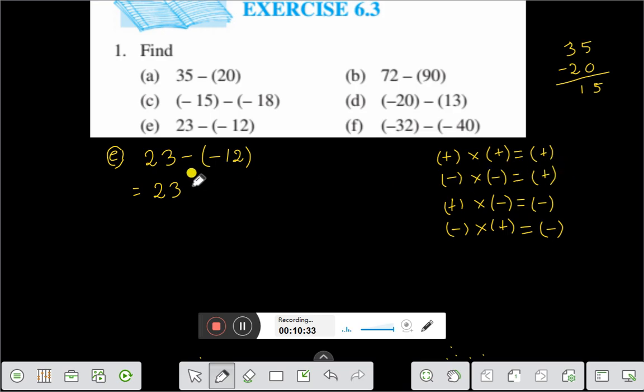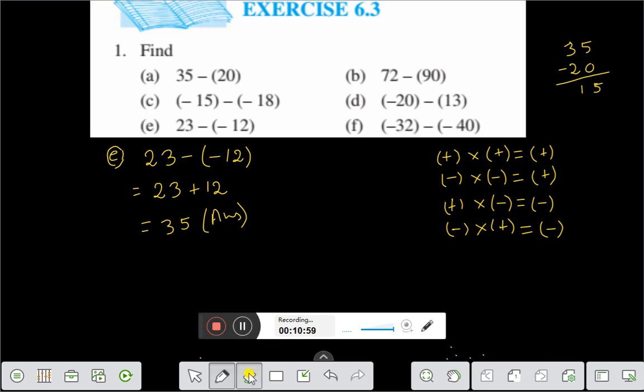Therefore, it is plus 12. We have to add this one. 3 plus 2 is 5, 2 plus 1 is 3, so 35. The sign is the same, both are plus, that means the answer is plus 35, or 35. If there is no sign, that means it is plus. 35 means plus 35. This is question number E.